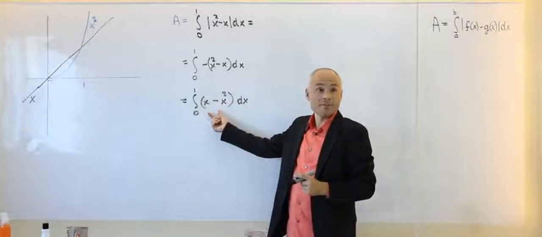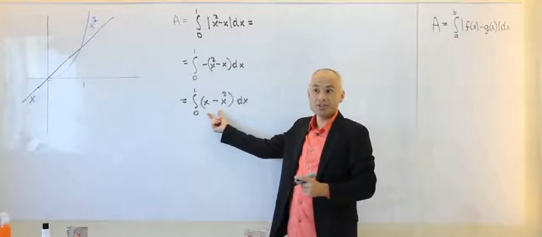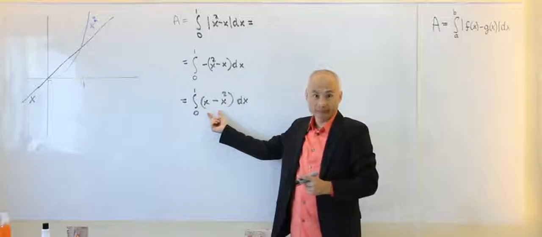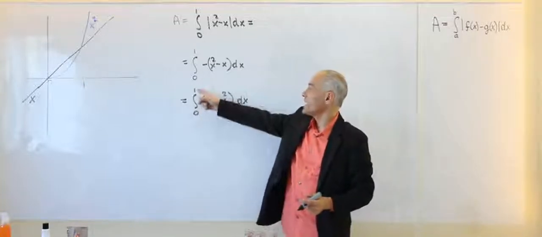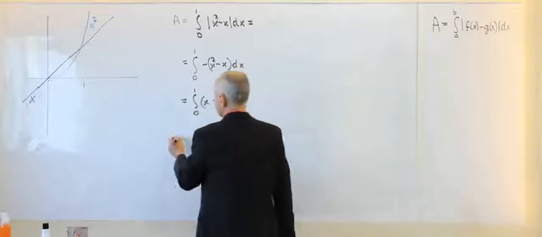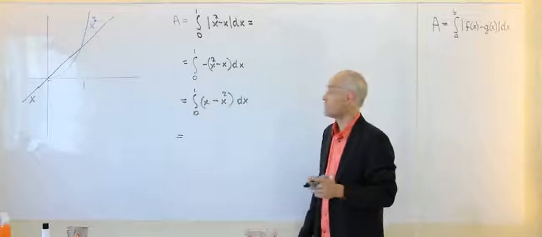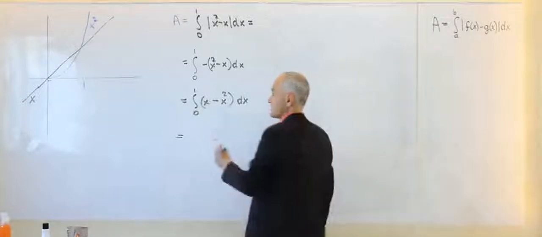Okay, so now we apply the fundamental theorem, right? We look for an antiderivative of this function, and then take the difference of that antiderivative at 1 and at 0. So what's the general antiderivative of x?